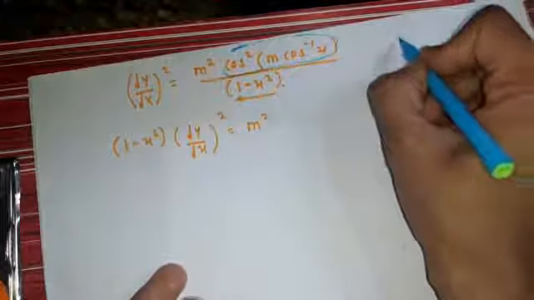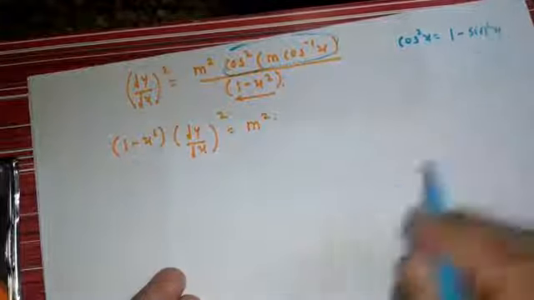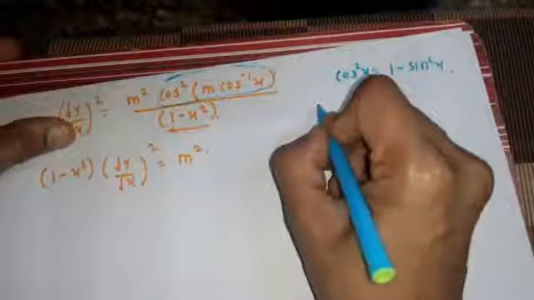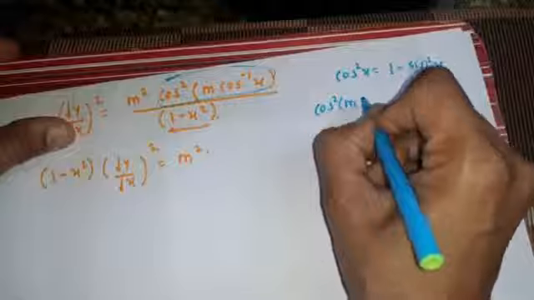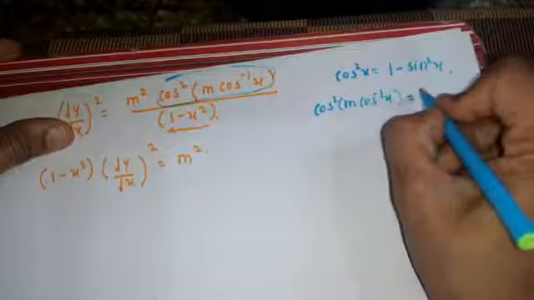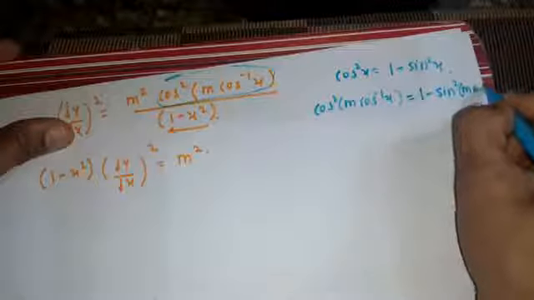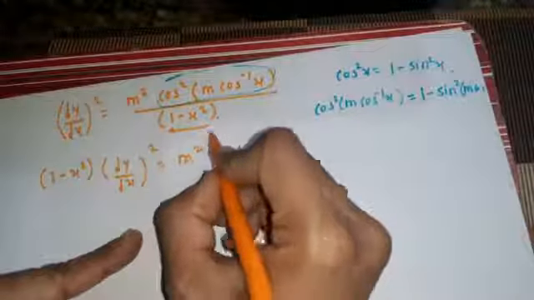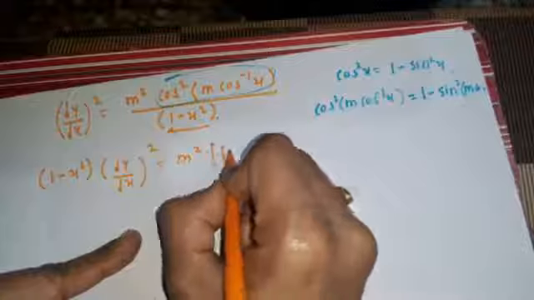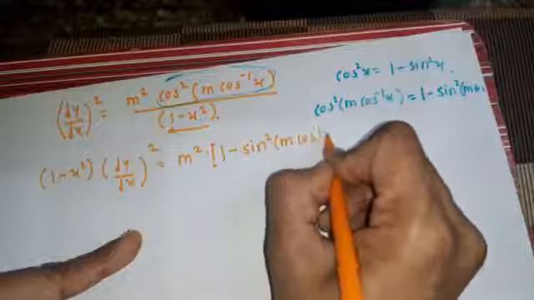You know that cos square x equals 1 minus sin square x, and that's why cos square of m cos inverse of x we can write as 1 minus sin square of m cos inverse of x.